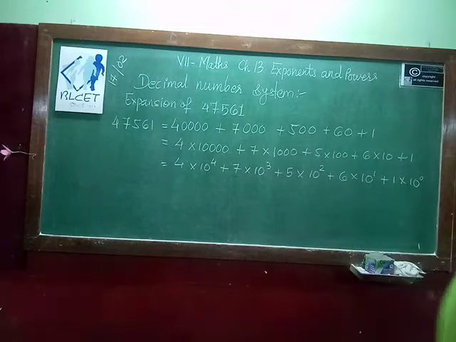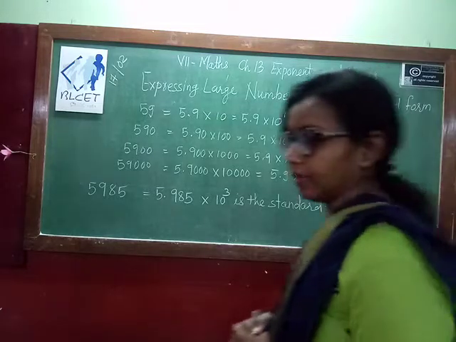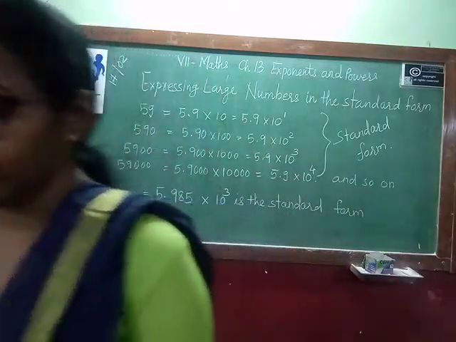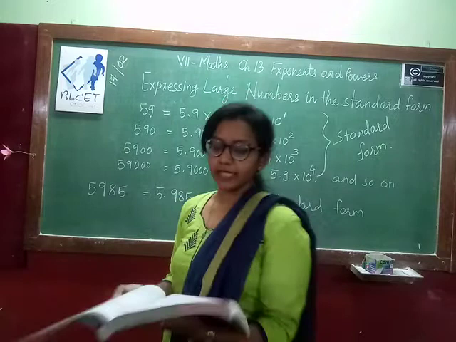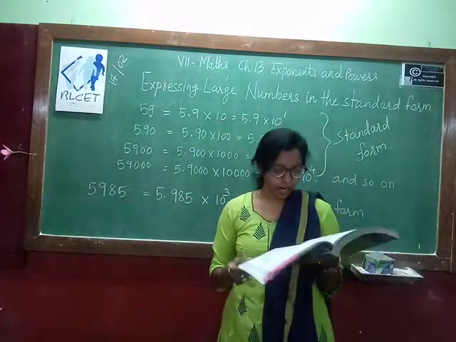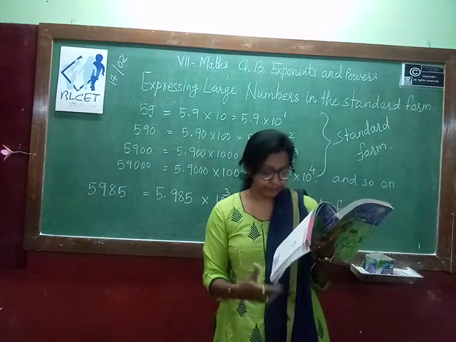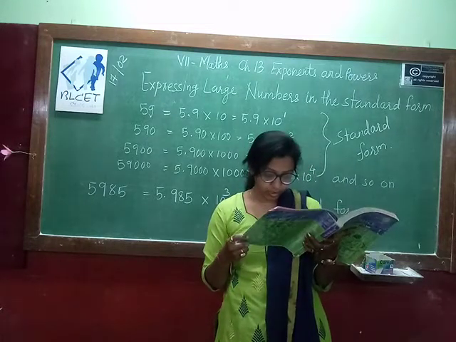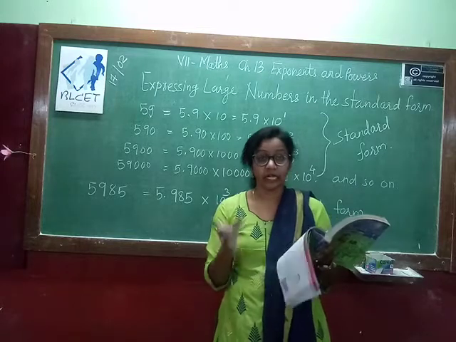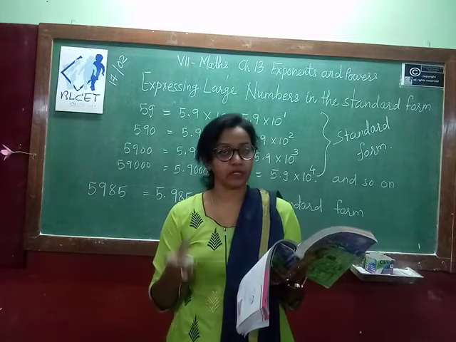So let's see now expressing large numbers in the standard form. If you observe some examples that we already discussed in the introduction part, the distance of the sun from the center of our Milky Way galaxy is mentioned in meters. That number is very difficult to pronounce and read because it is too large.